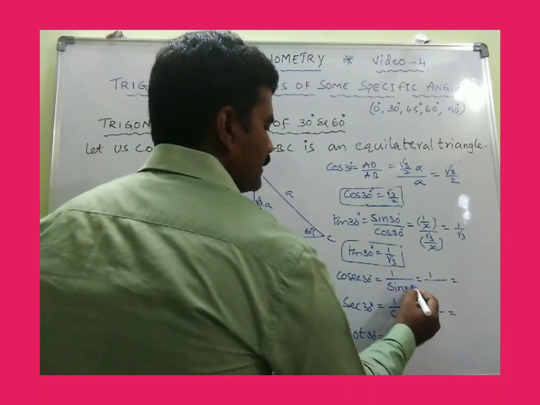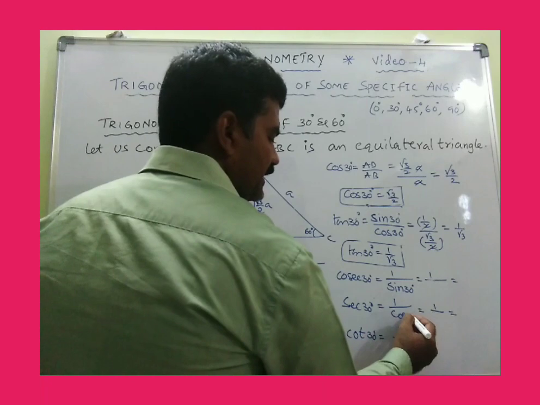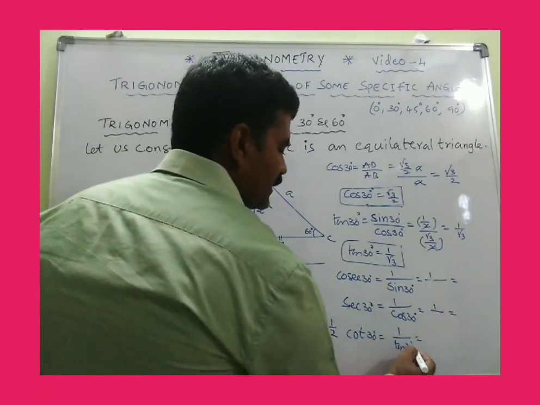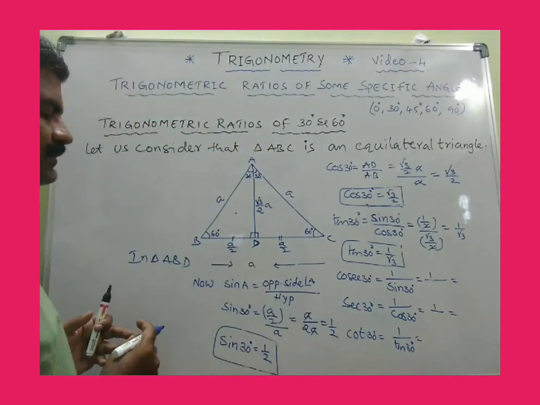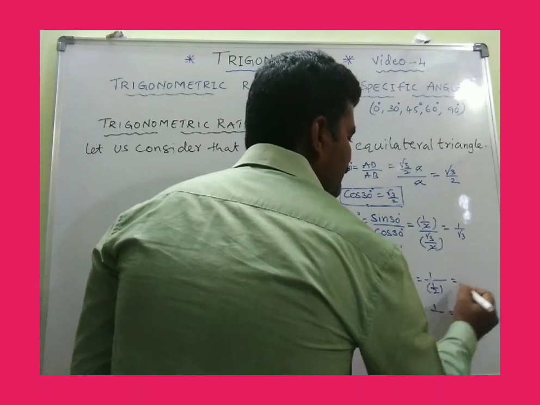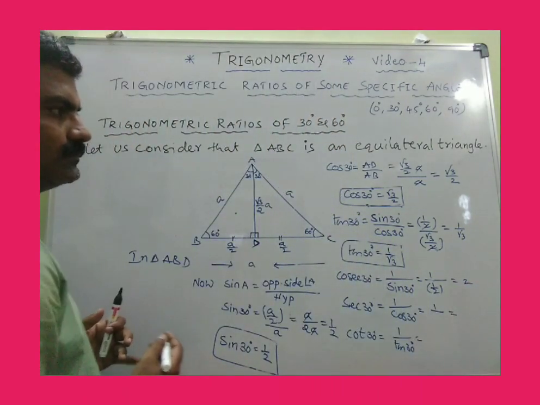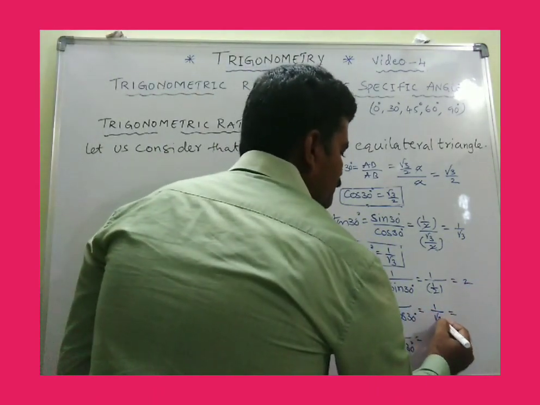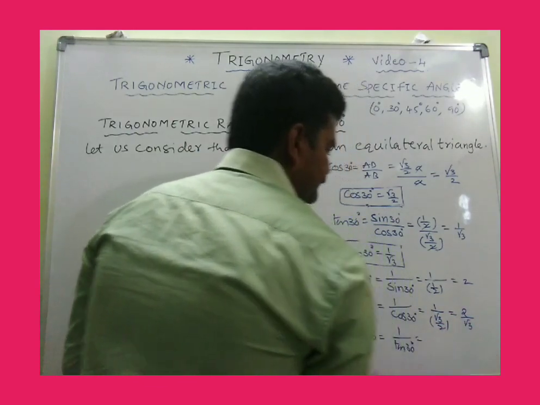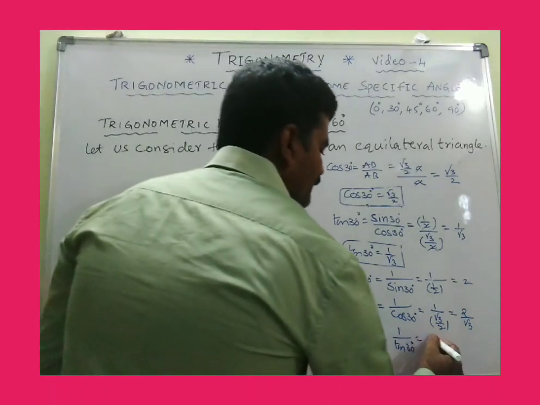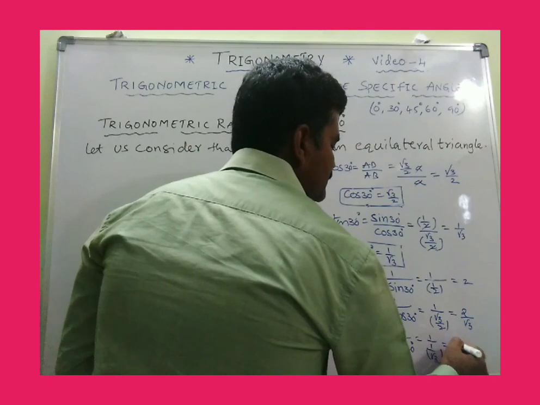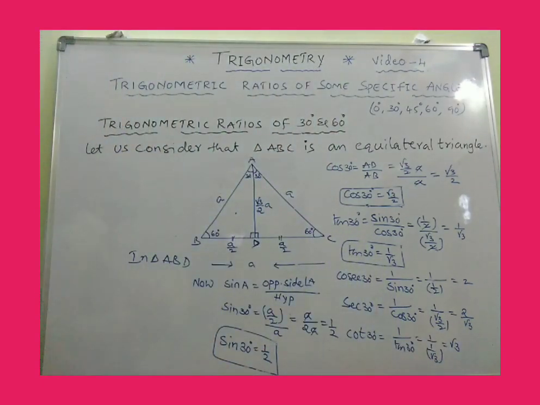Cosecant I can write as 1 by sin 30, secant as 1 by cos 30, and cot as 1 by tan 30. What is sin 30 value? 1 by 2, so 1 by 1 by 2, which is 2. And this is 1 by root 3 by 2, which is 2 by root 3. And 1 by 1 by root 3, which is root 3.